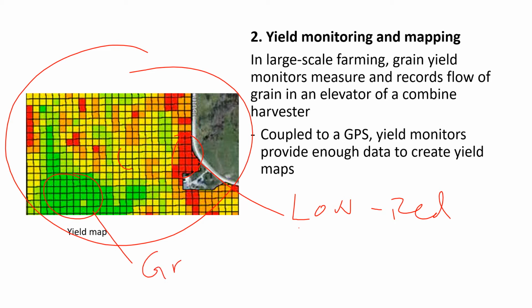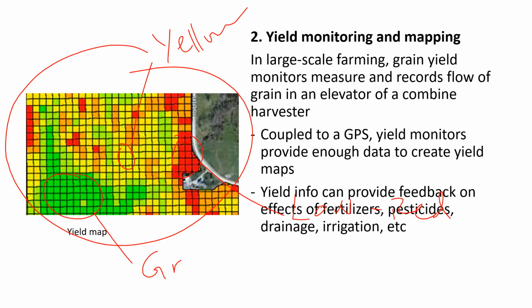But then you have areas of intermediate yield and these are indicated in yellow. Okay, so at the end of the day, the yield information can provide feedback on effects of fertilizers or pesticides or drainage or irrigation that would have taken place in any particular portion of the field.